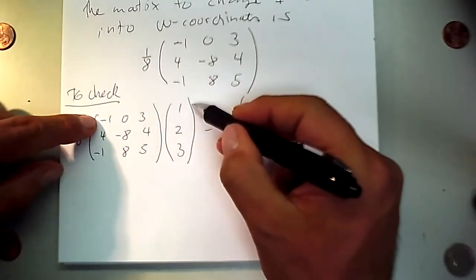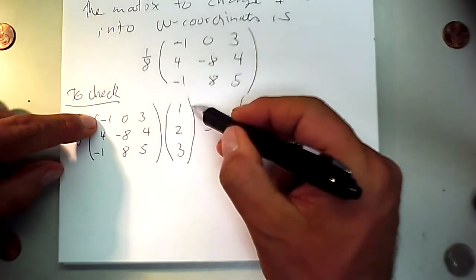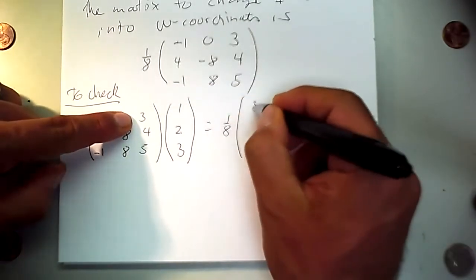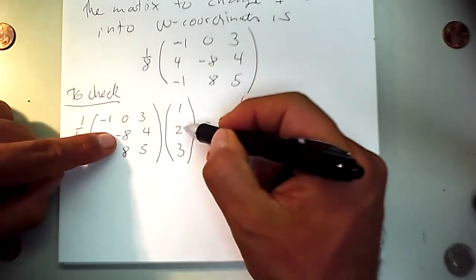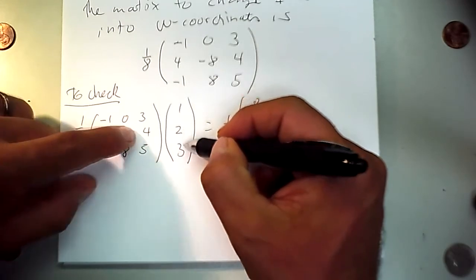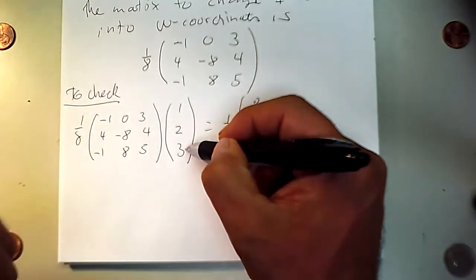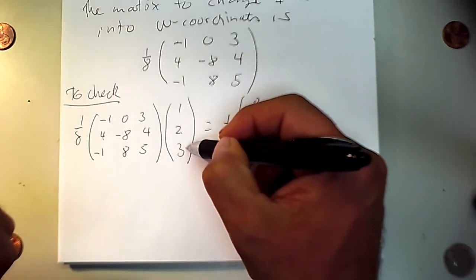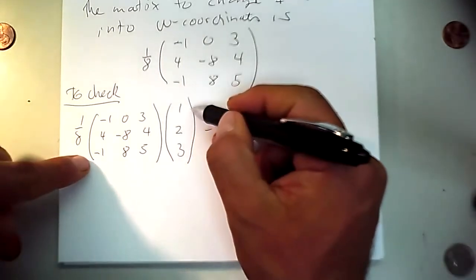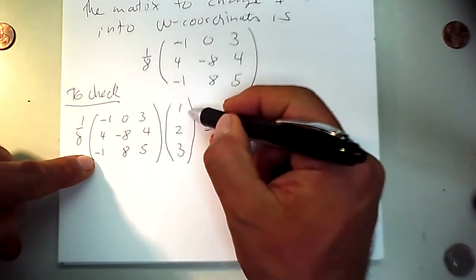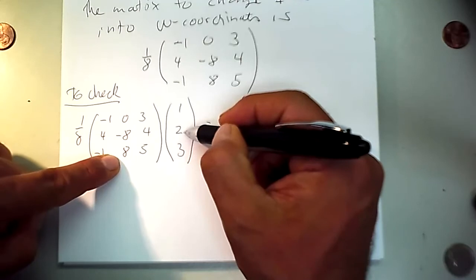So negative 1 plus 9, 8. 4 minus 16, negative 12. Plus 12 is 0. Okay. Negative 1 plus 16, 15.